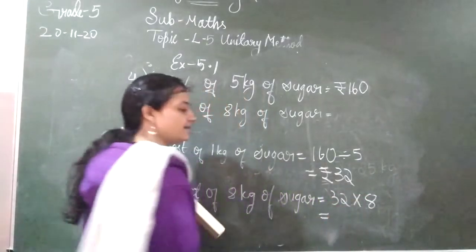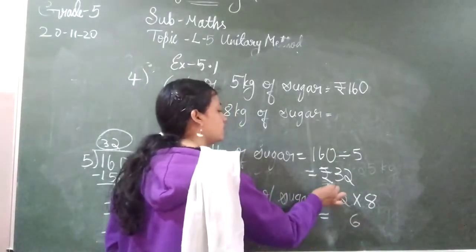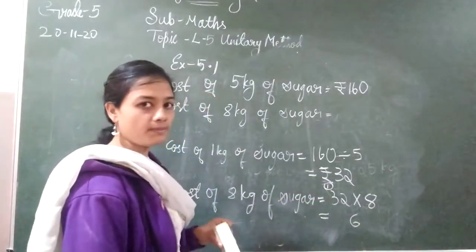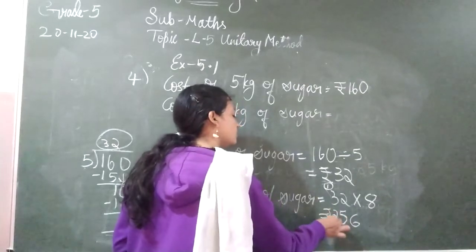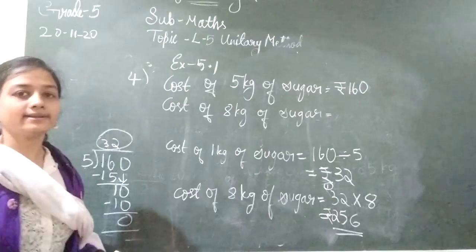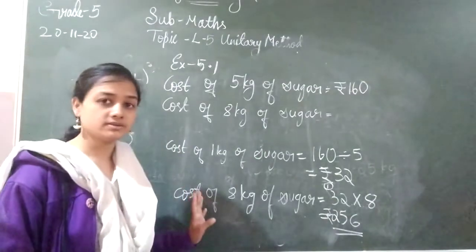So what is the answer I get? 8 twos are 16, 6, 1 carry. 8 threes are 24 plus 1, 25. So the cost for 8 kg of sugar is 256 rupees. I hope you have understood this, children.